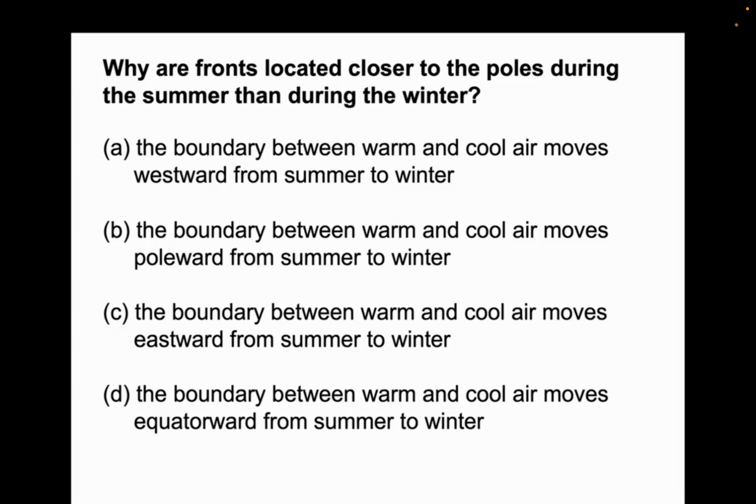During the summer season, for instance, the maritime tropical air mass is much more dominant than in the winter season. So of course the boundary between the warm and cool air moves polarward from winter to summer, right?